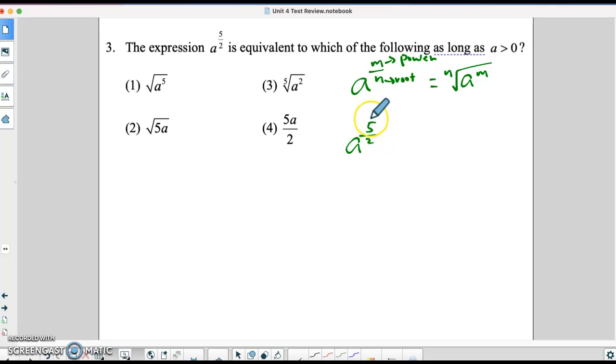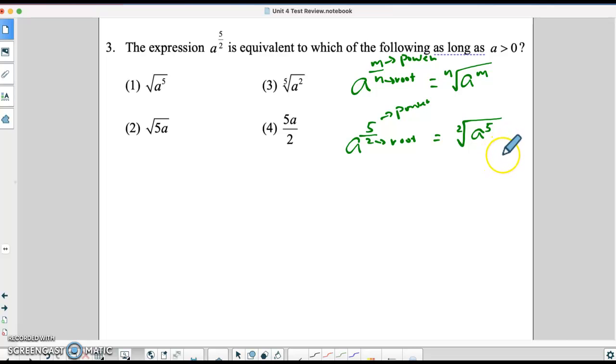Once again, m is the power, so 5 is the power and 2 is the root. When you rewrite it in radical form, you keep the base a, raise it to the power 5, and take a square root.